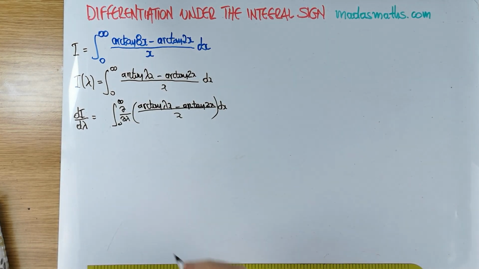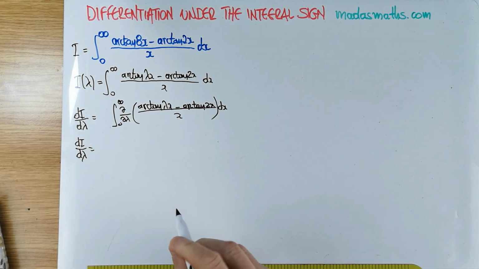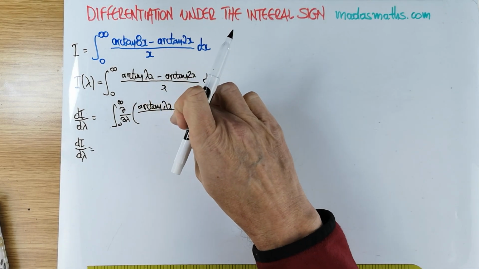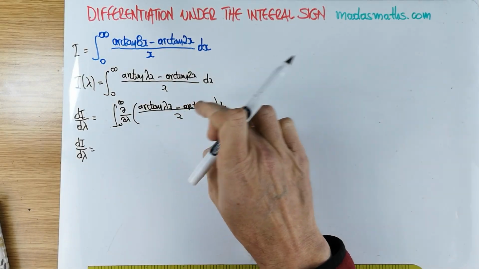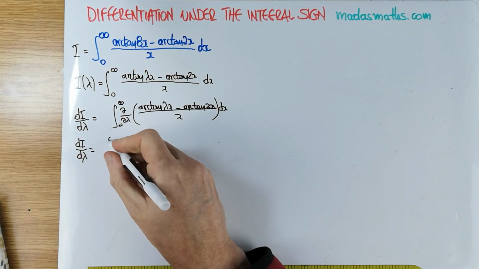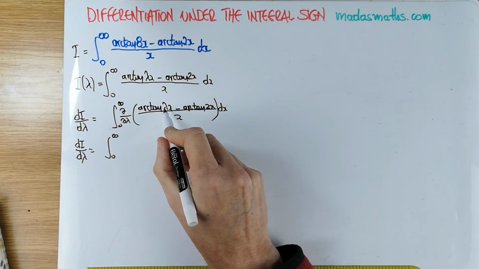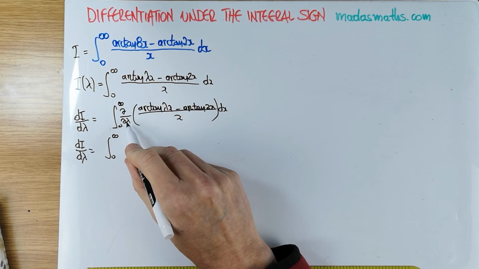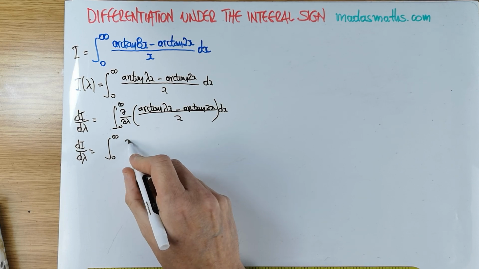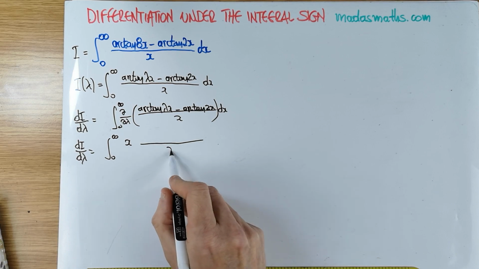So we're going to now carry out the differentiation. Notice that if we split the fraction, there's no lambda in the arctan of 2x term, so this will disappear completely on differentiation. First of all, by the chain rule, when we differentiate with respect to lambda, we get an x, which is the whole point of all of this, because it's going to cancel the x at the bottom.